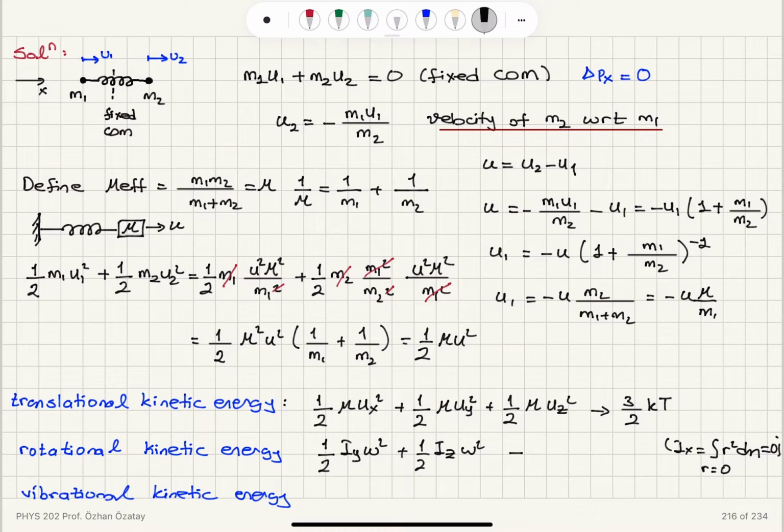So this gives me a contribution of Boltzmann constant times temperature according to the equipartition theorem, and the vibrational energy, 1/2 kx squared for this effective mass plus 1/2 mu v squared, gives me a contribution of Boltzmann constant times temperature to the average energy of the system.